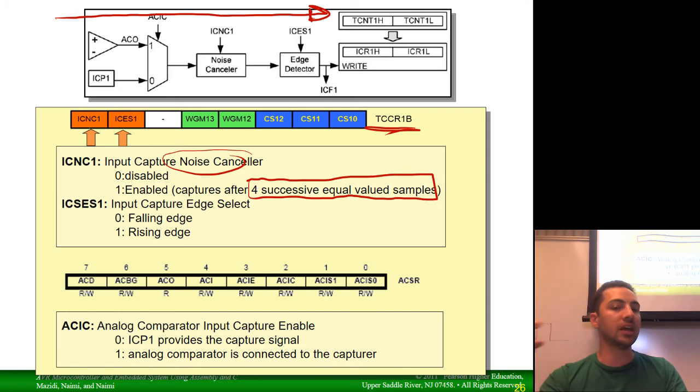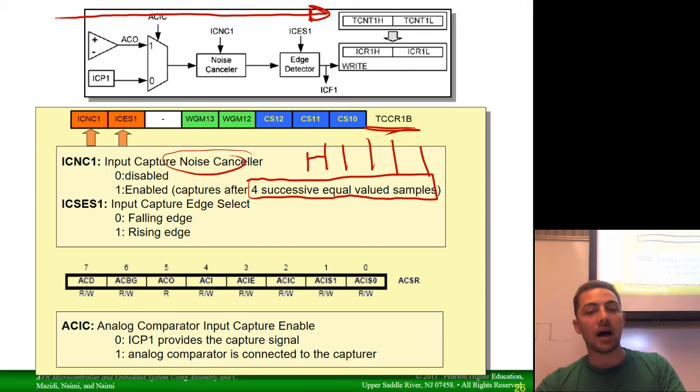So it's sampling in hardware, but it means that it samples at some discrete interval. And if you go low here, but then you bounce high, that's not 4 samples. So even though you've got sample high, then you've got noise, and then samples 3 and 4 are all high, that's not enough to trigger. We have to have 4 successive samples, 1, 2, 3, 4.